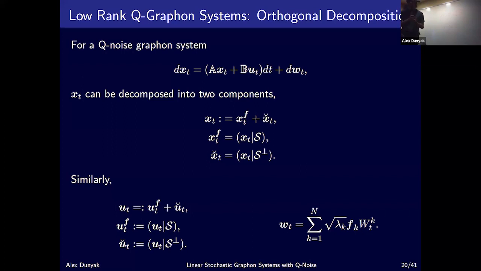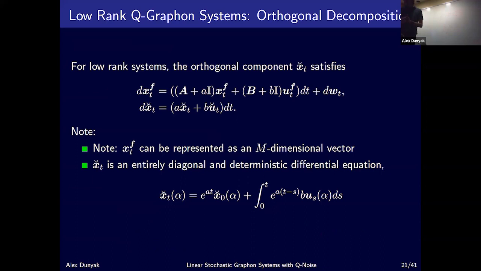So when we have these low rank systems, we can decompose them into two components. The state can be decomposed into this x_f, which is the part that is dependent on the linear subspace S, and this x-perp, which is the orthogonal component. And furthermore, you can do the same for both U and W; by definition, W has this low rank behavior.